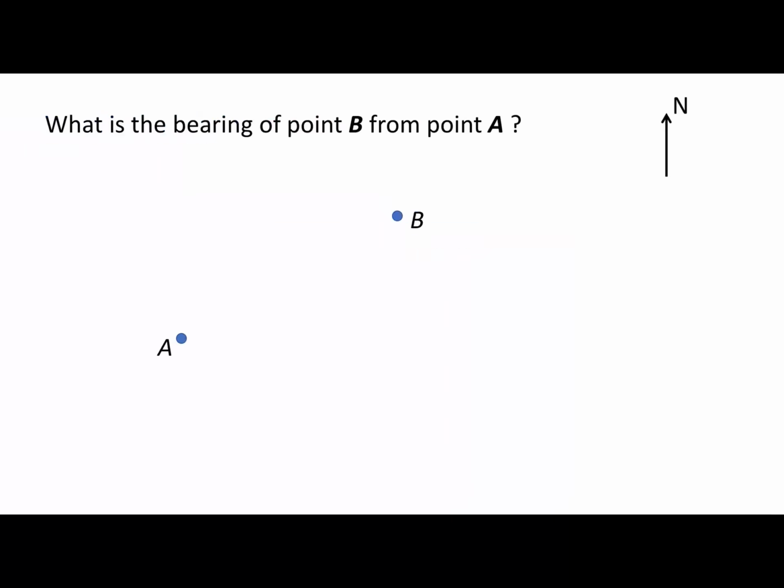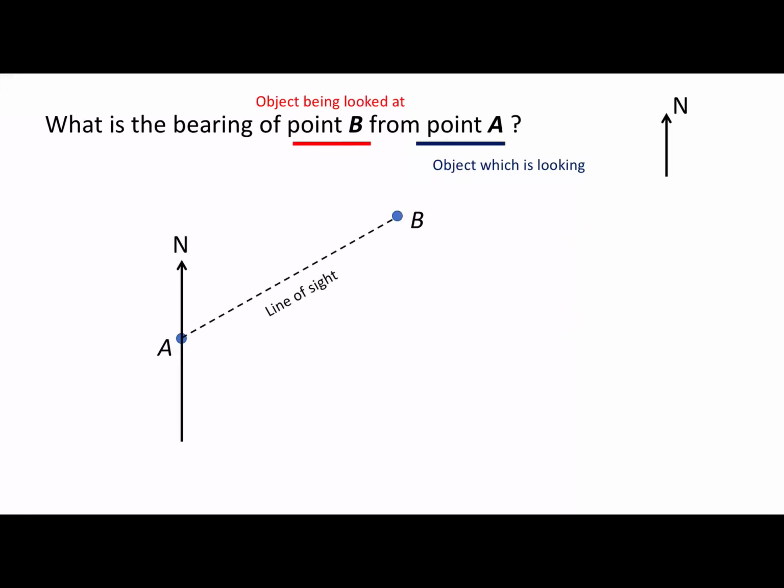The bearing of point B from point A. First thing, identify. Point B is the object being looked at. Point A is the object which is looking. So at which point do you draw the north line? At the object which is looking, which is point A. Draw the north line. Now don't be too shy here. Draw the north line as long as possible. Next, the line of sight. Now comes the important part.